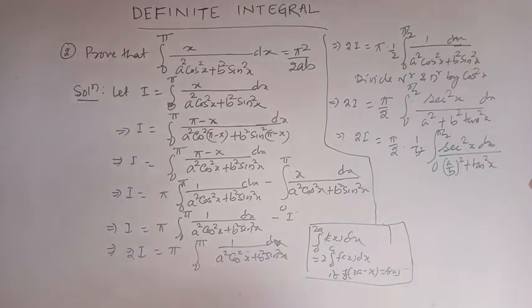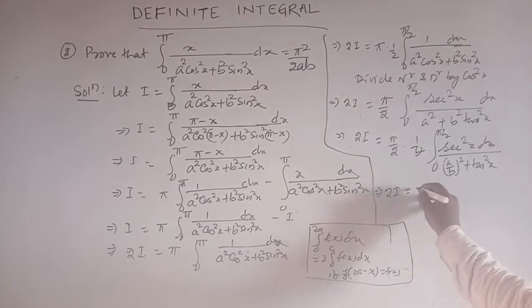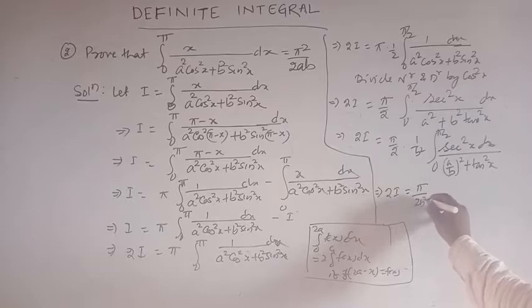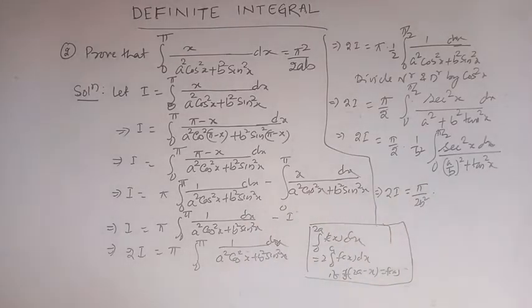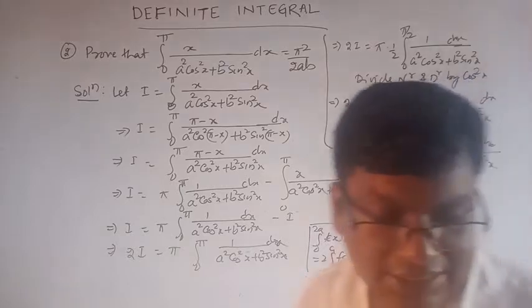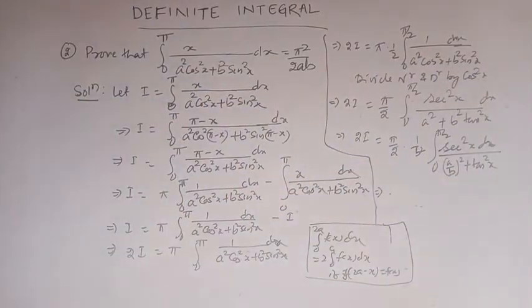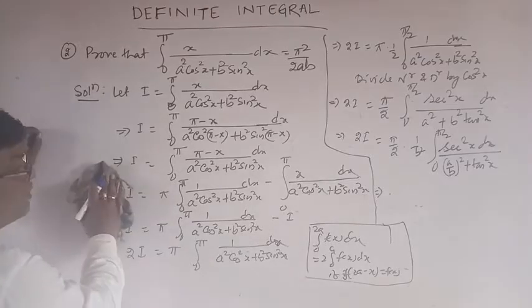So 2I is equal to pi by 2b square, and the formula applied here is 1 by (a square plus x square). Now put tan x is equal to t.